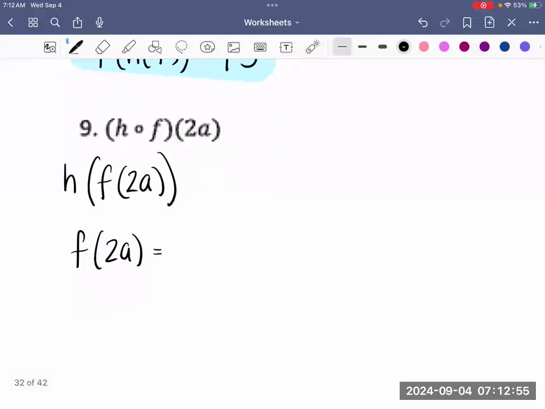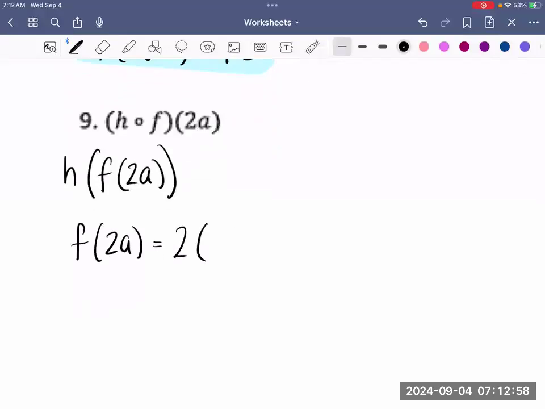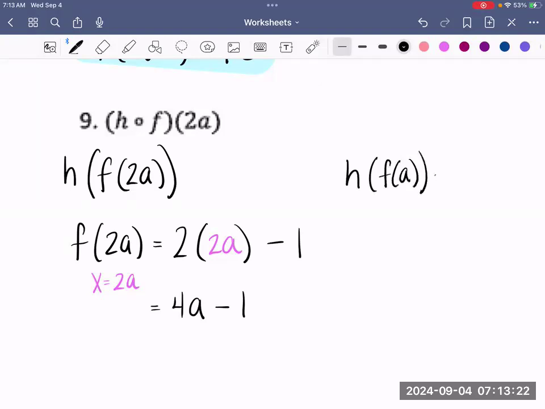So f of 2a, this is when we have 2x minus 1, and we're replacing your x with 2a, which equals 4a minus 1. So this is f of 2a. So h of f of 2a is now equal to h of 4a minus 1.